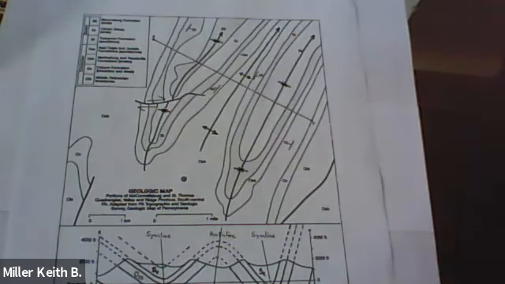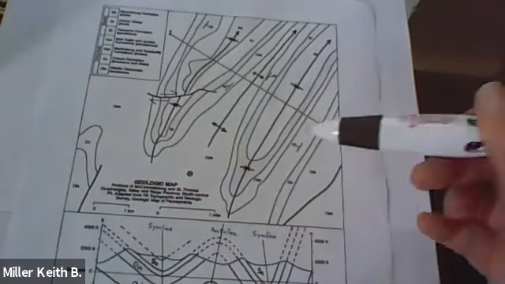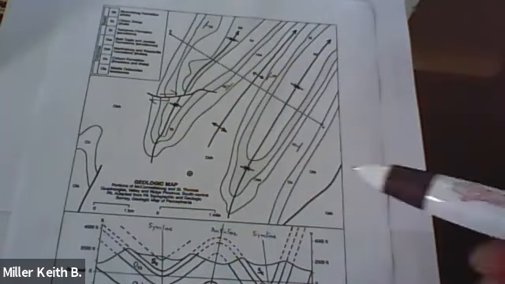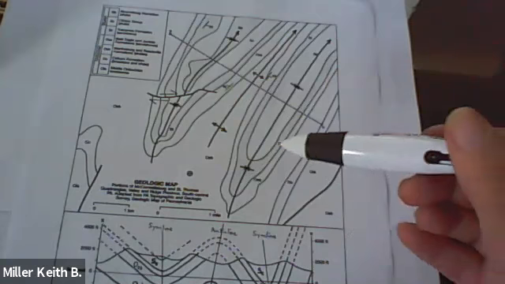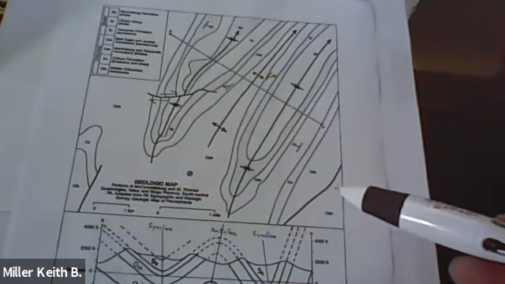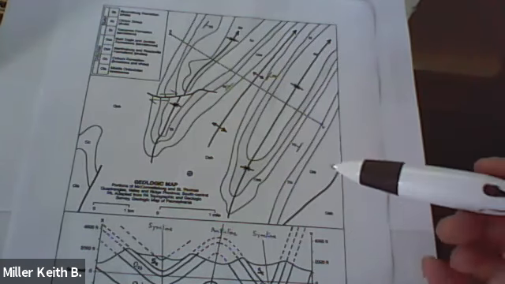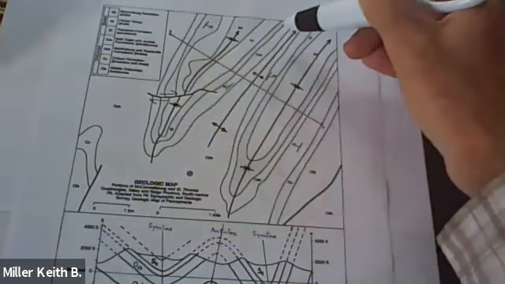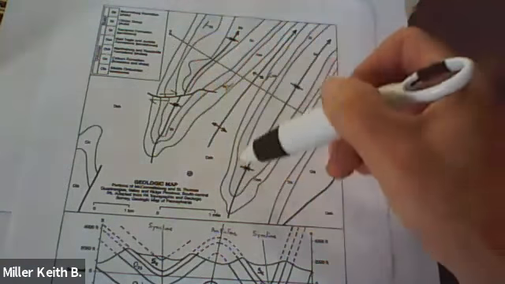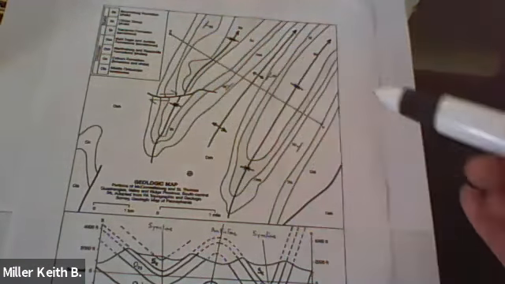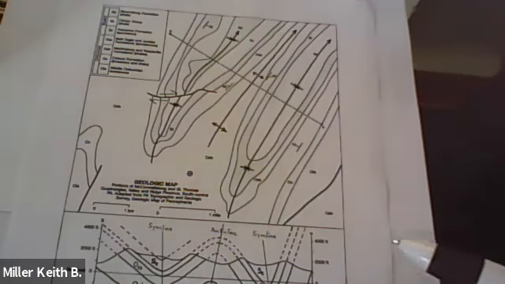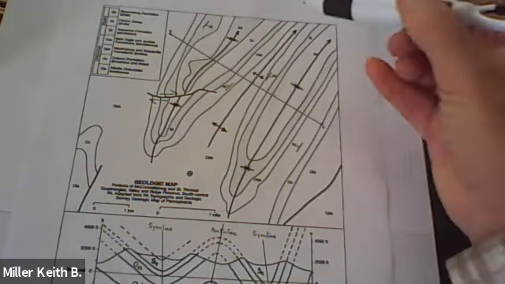So this is a more realistic geologic map. This is actually a simplified geologic map from the Appalachian Mountains, just north of Harrisburg in the Valley and Ridge province. So what we see is these curved beds with these noses, which tell us that we're dealing with folds, and they're plunging folds.